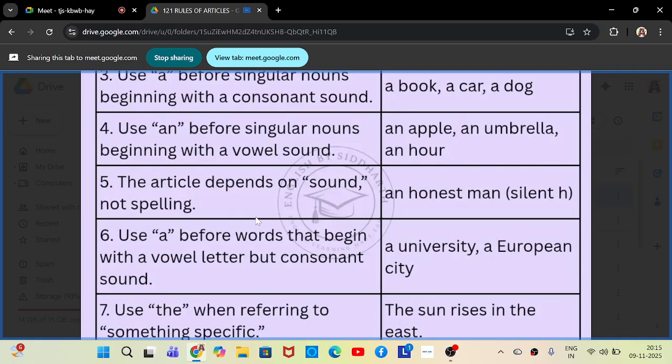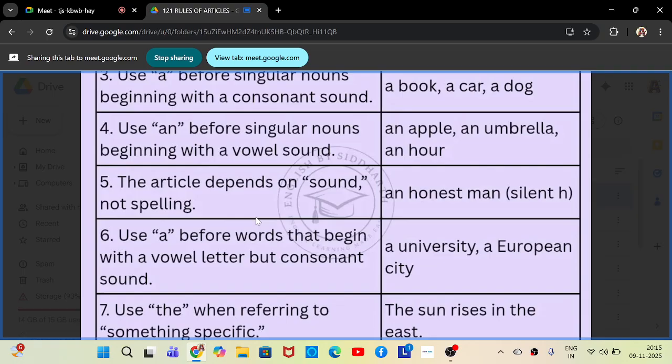This is very important. We have studied this word hour. Actually, HOUR should not be pronounced as "hour" with an H sound. You have to call it "our". Why? H is a silent letter.